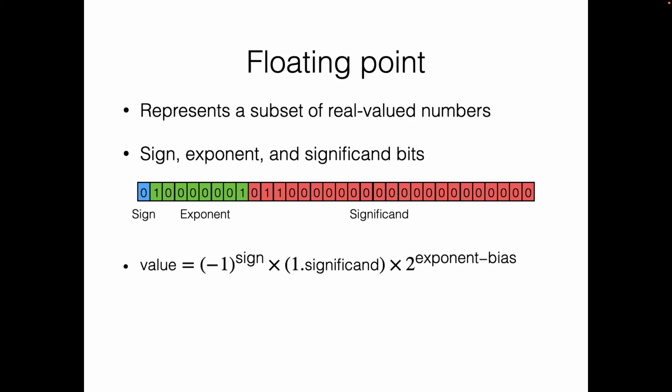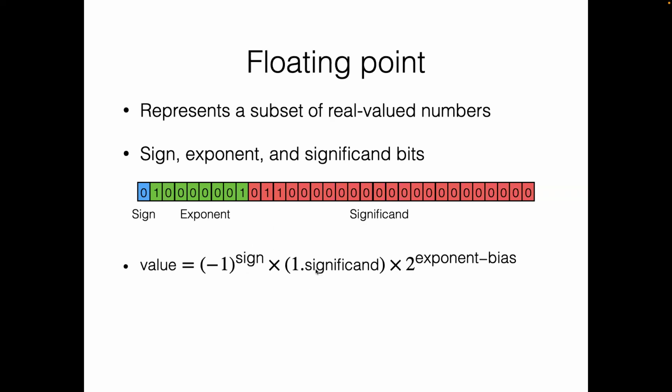So the way these work is a bit different than the integers. So this is again going over the standard way of representing floating point. So here you have these 3 different types of values. You have a sign, you have an exponent, and you have what's called the significand. And so the value is going to be what's down here.